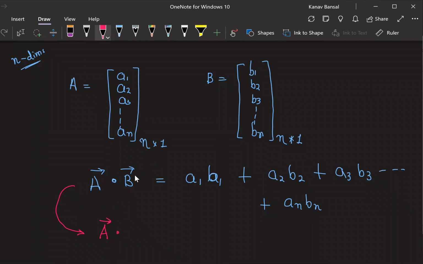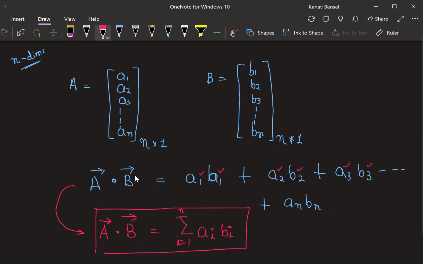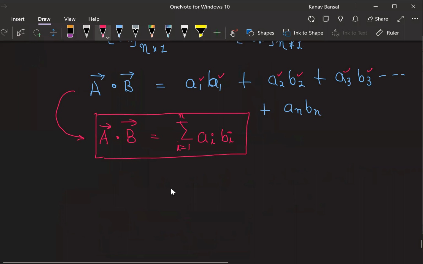A vector dot B vector is nothing but equal to the sum of Ai into Bi, where i can be 1, 2, 3, 4, anything. So we are summating all these Ai and Bi from 1 to n dimensions. I hope this is making sense to everyone. We have seen two different equations now.